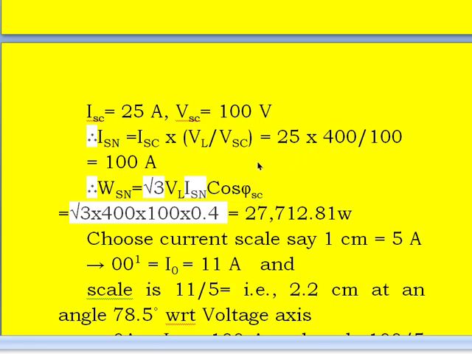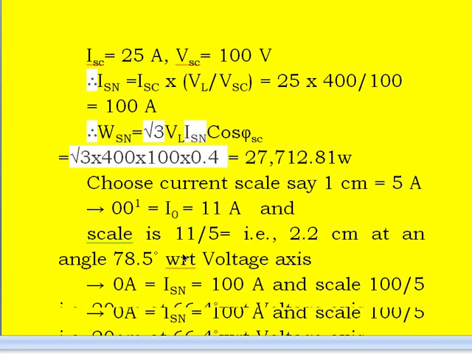ISN we just calculated, and we know VL, that is also given. So the power loss under short circuit condition is root 3 into 400 into 100 into 0.4. Then we get 27,712.81 watts.